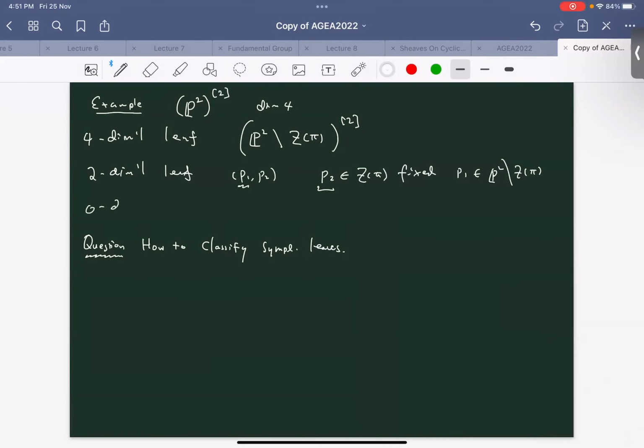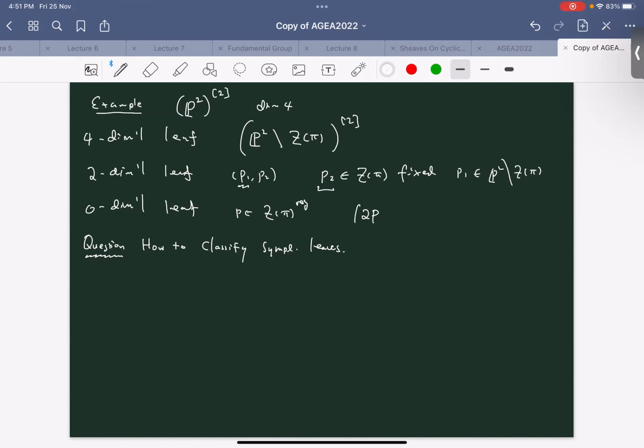Now let me give an example of a 0-dimensional leaf. I take some point P lying in the regular part of the zero locus. I'm not assuming Z_pi is smooth; if it is smooth, then any point is okay. Now I can take the double point.